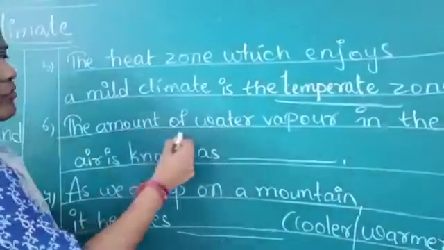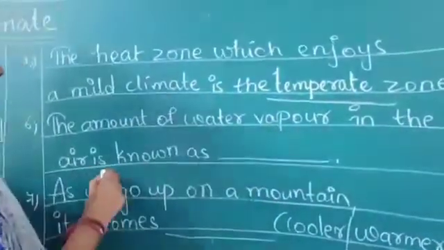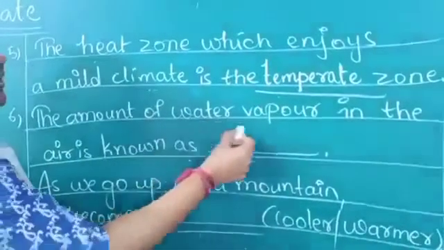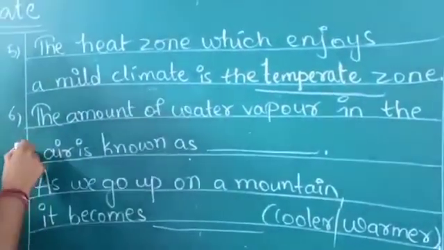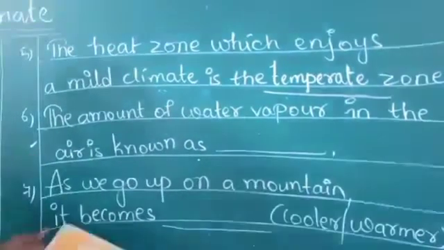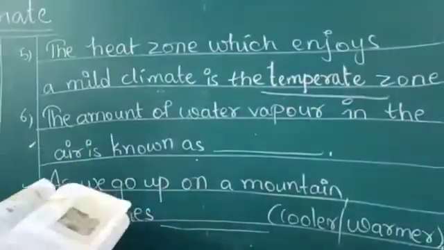The amount of water vapor in the air is known as dash. Okay. Yes, we discussed this in the last topic. What is our last topic here in the lesson?